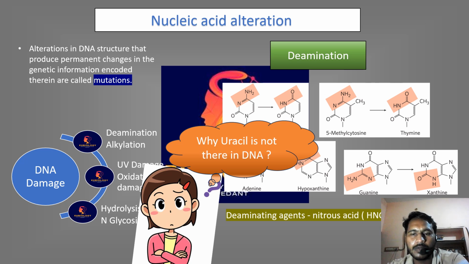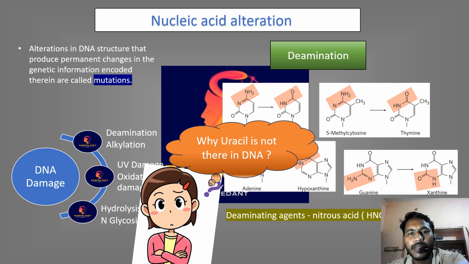Actually it's not possible because, as you can see, I will go back. The cytosine will convert into uracil by deamination. Cytosine deamination happens about once in 10 lakh cytosines in 24 hours.